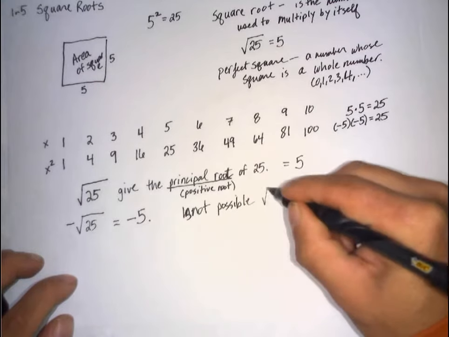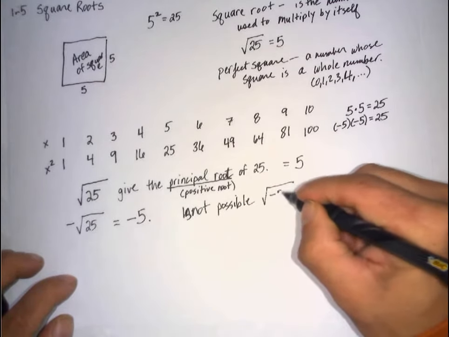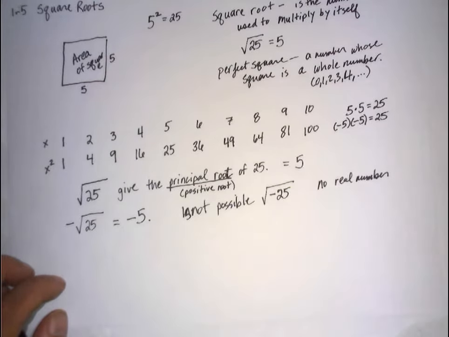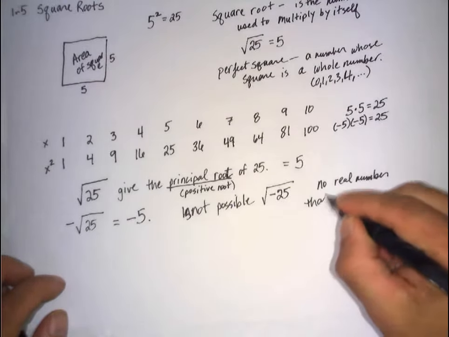It is not possible to find the square root of a negative number, so the square root of negative 25, because there's no real number that you can multiply by itself to be negative.